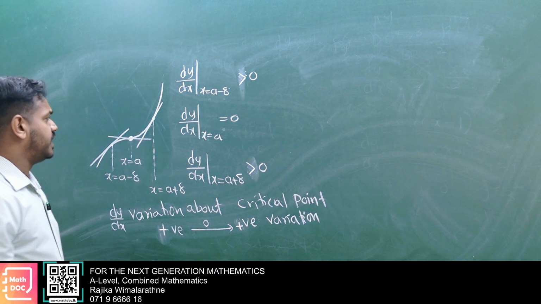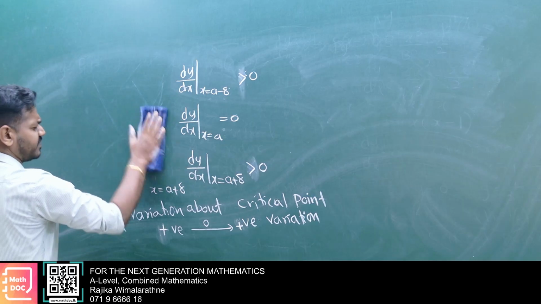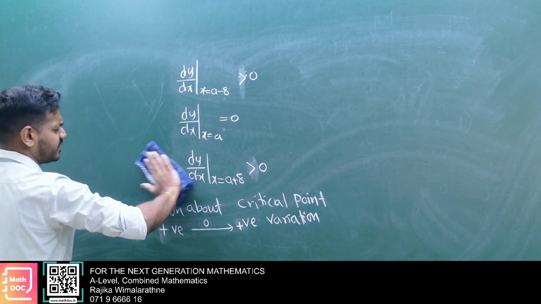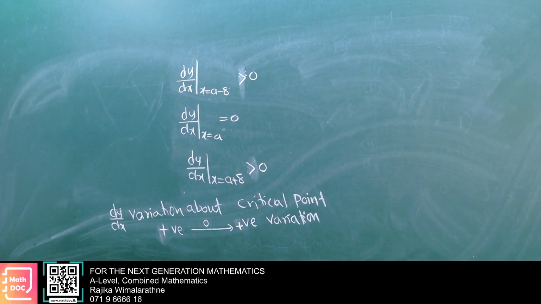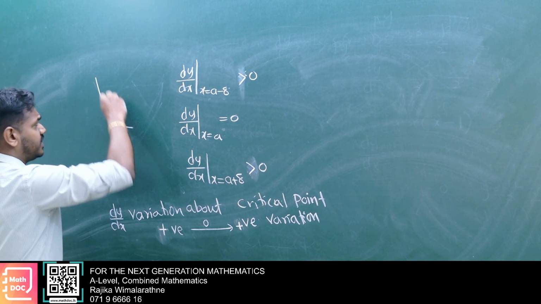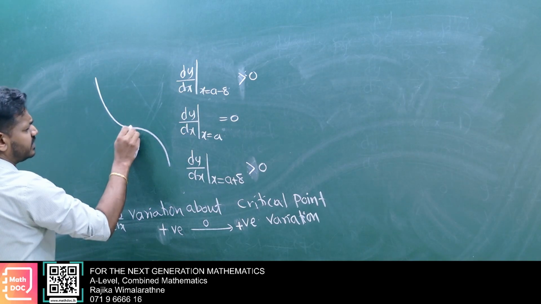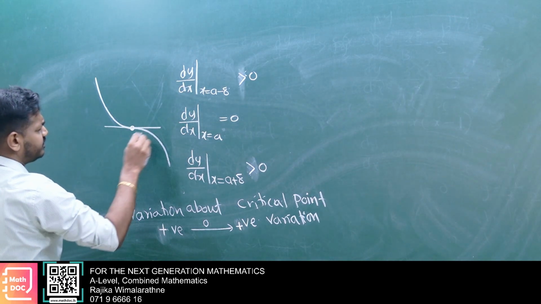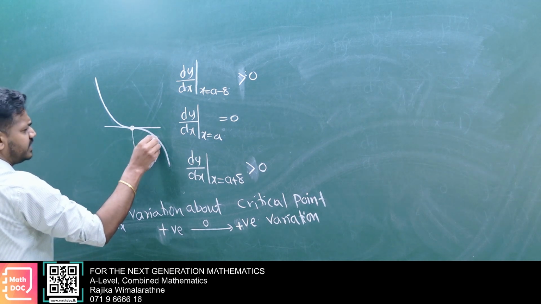Okay, then decreasing inflection. Concave up, concave down. At here, tangent parallel to x-axis, therefore at x equal a, 0 gradient.